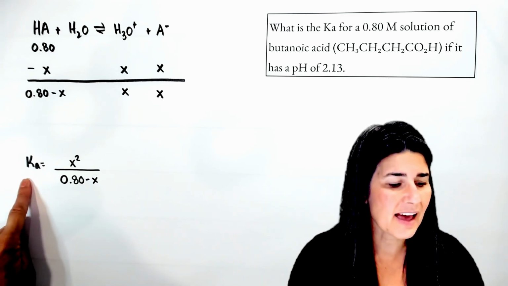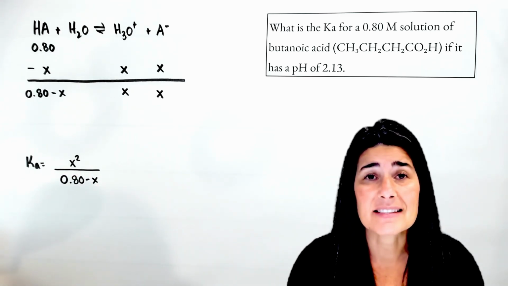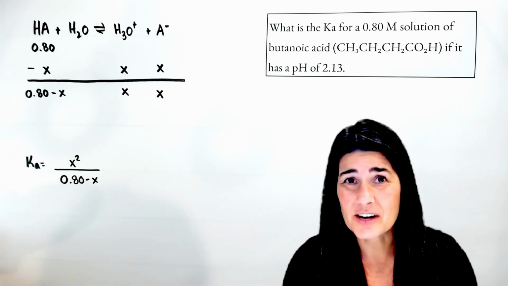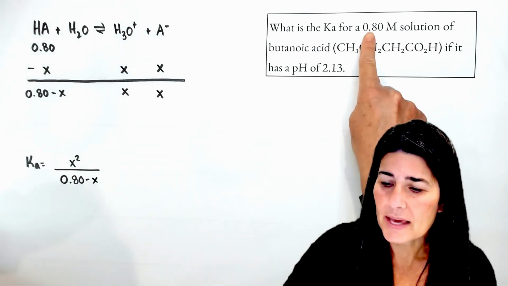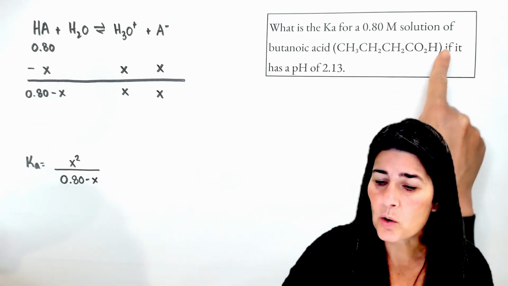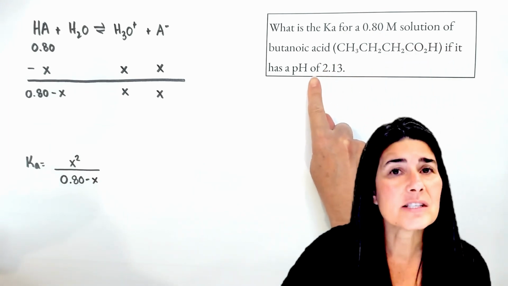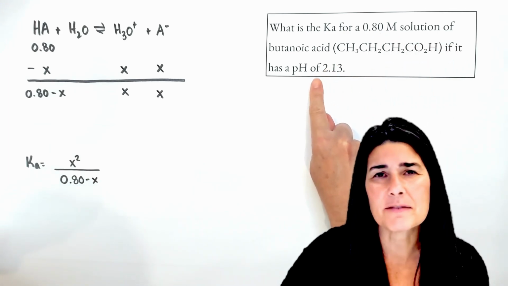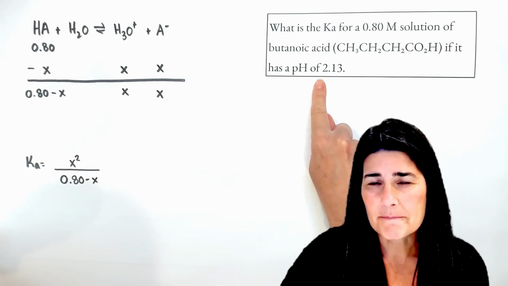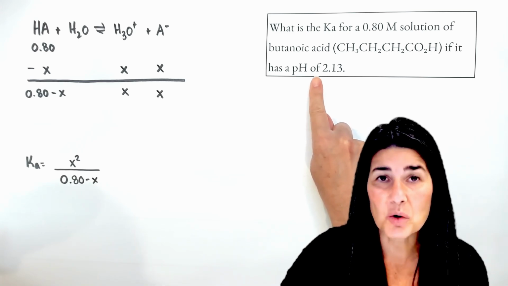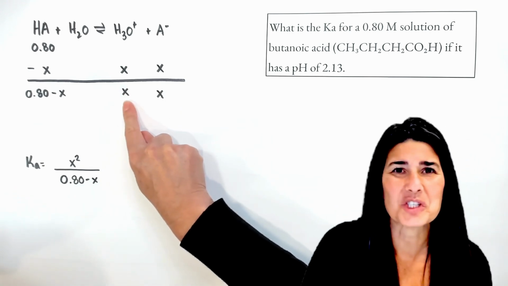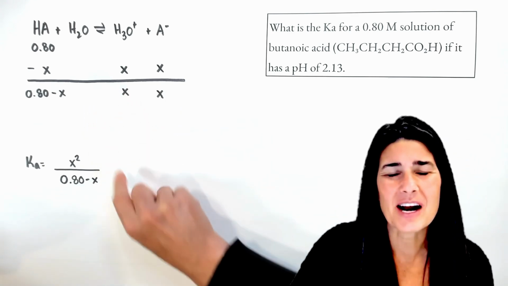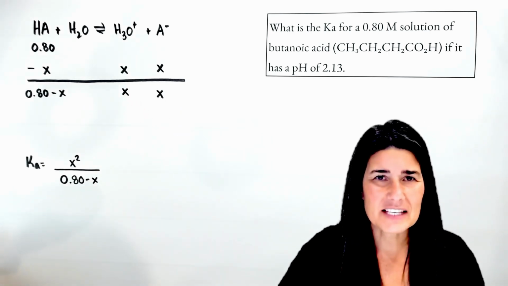We don't know Ka, and we don't know X. So there must be another number in the problem we can rely on. Let's take a look. We already used our 0.80 molar solution, but they also give us a pH of 2.13. If we have the pH, we can use that to find the hydronium concentration that we need to fill out our ICE table. So let's do that right now.